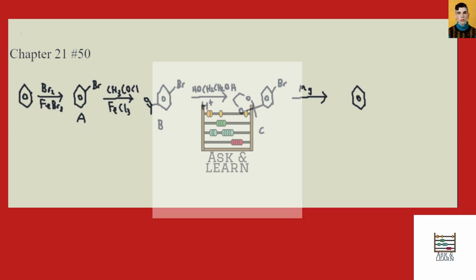And we should recognize that this is going to be making a Grignard reagent. So we're making a Grignard reagent, we're setting the stage for a Grignard reaction, which will be the next reaction in this sequence. So there's our acetal that we made. And then here we now have MgBr. And this is intermediate D.